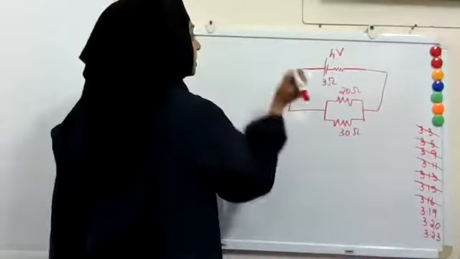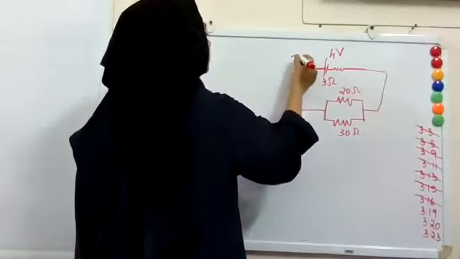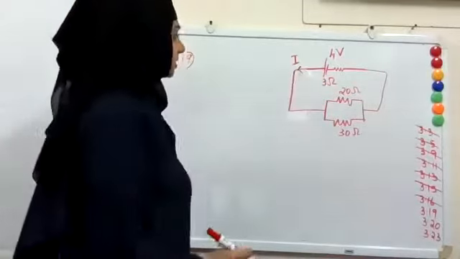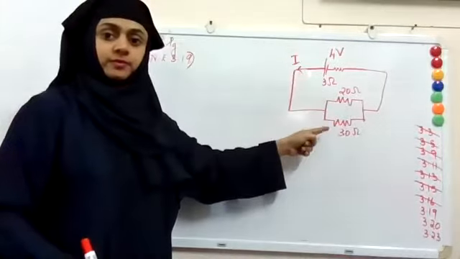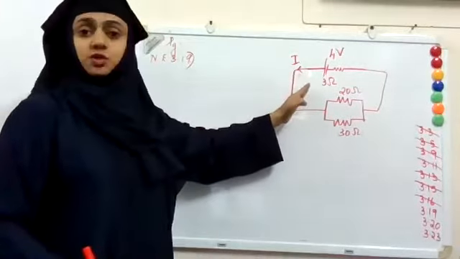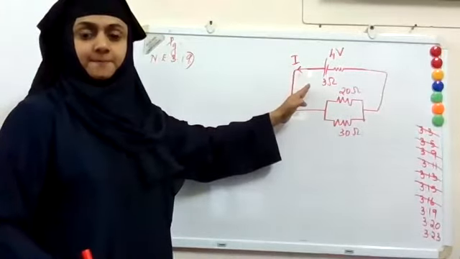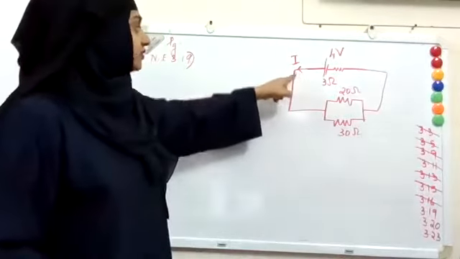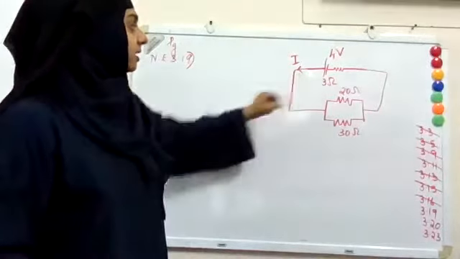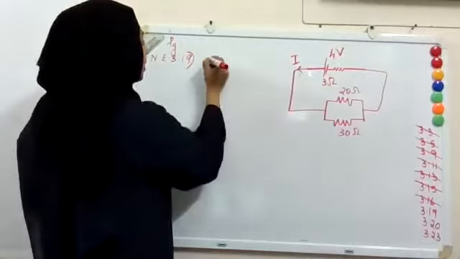Find the amount of current flowing through the cell. So what is the current flowing through the cell? This is the question. Is this clear to you? Is this figure clear to you? Yes, teacher.